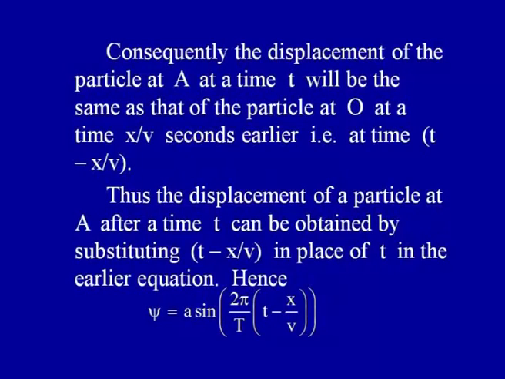Hence, we get for the vibrations of this particle whose distance is x from the origin at time t, psi equal to a times sine of 2 pi by capital T times t minus x upon v. This is the equation of a progressive simple harmonic wave progressing along the x direction.